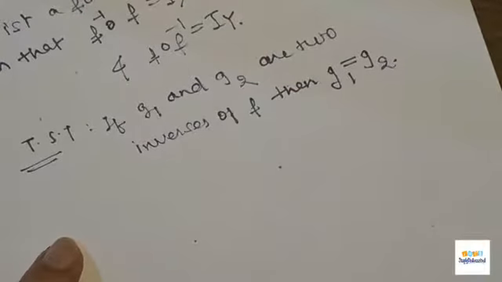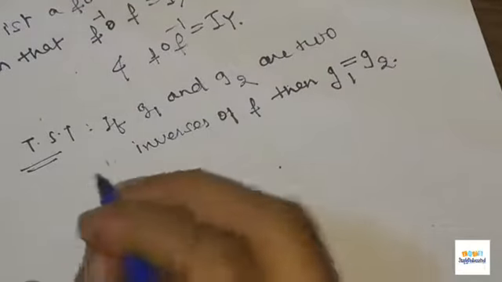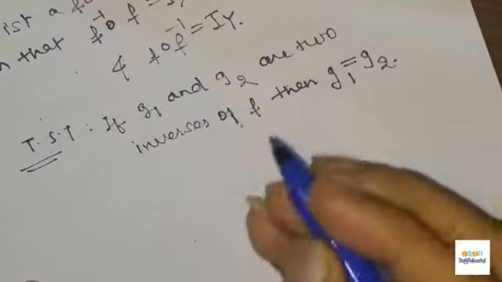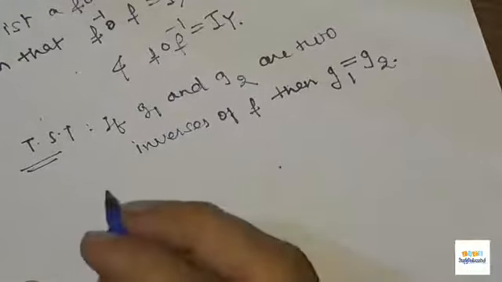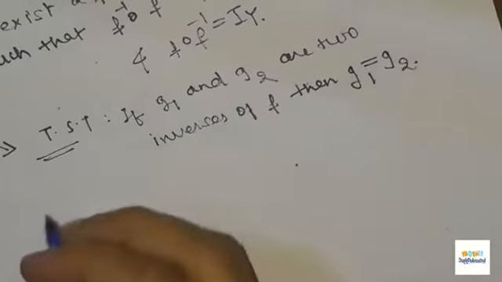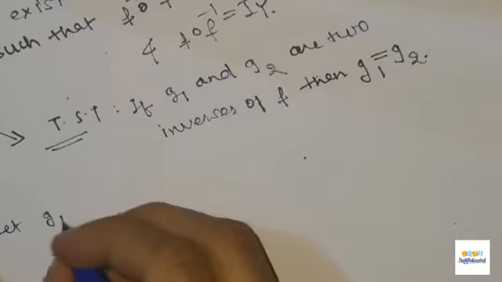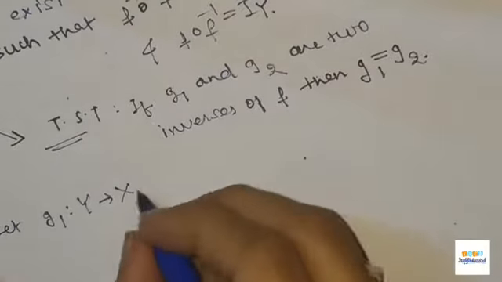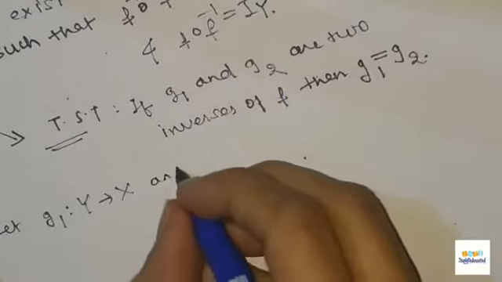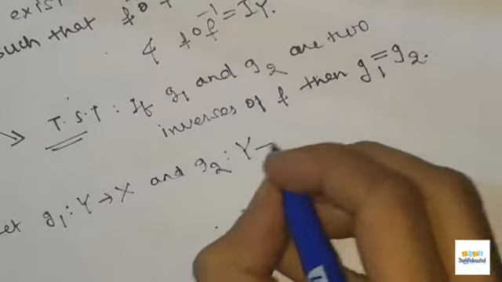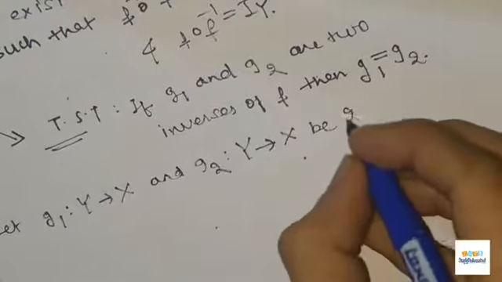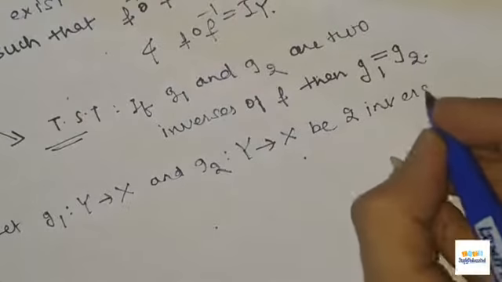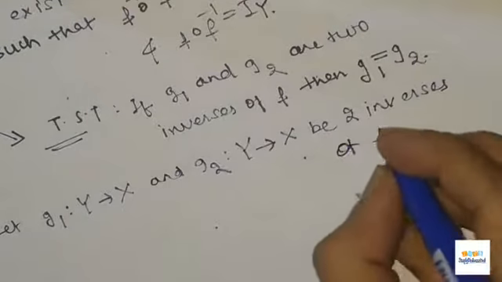Now how to show this, let us see. So g1 and g2 are inverses of f, we have to take first. So let g1 from Y to X, because this is an inverse that we will take, and g2 also from Y to X, be two inverses of f.